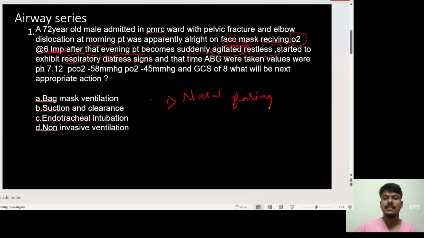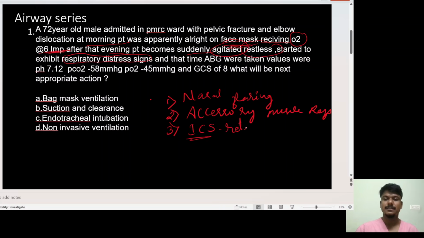The patient starts to use accessory muscles of respiration, that are your sternocleidomastoid muscle, abdomen muscles and neck muscles. Next, the patient will be having intercostal and sternal retractions.